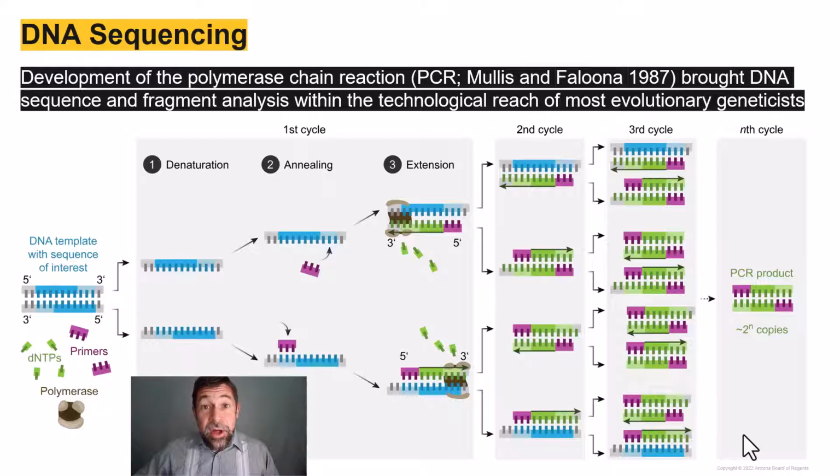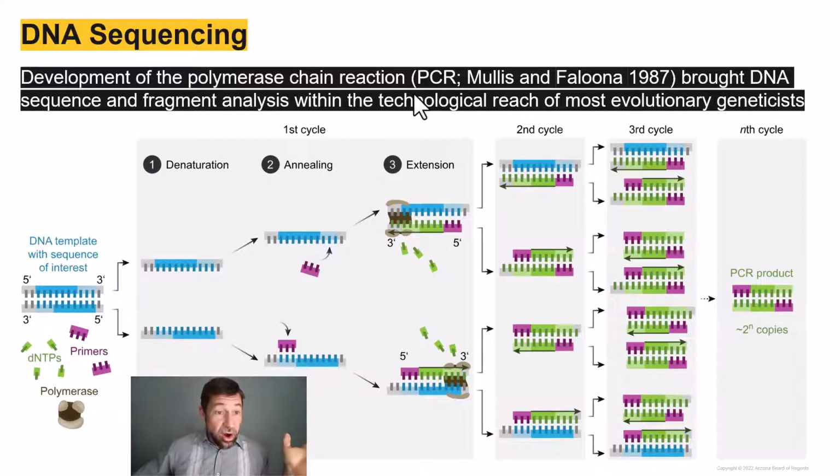For example, the development of polymerase chain reaction, or PCR, in the late 1980s is going to bring DNA sequence and fragment analysis to labs of evolutionary geneticists around the world.